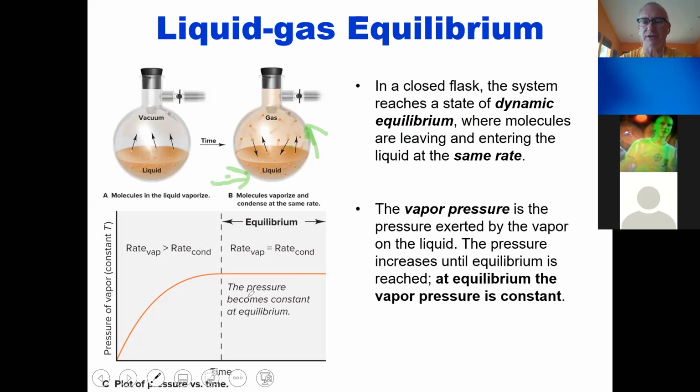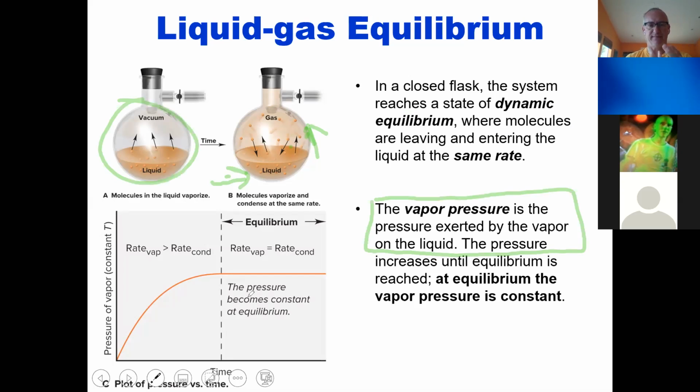And so the vapor pressure, as we talked about with the gas laws, is the pressure exerted by the vapor on the liquid itself. So the pressure increases until equilibrium is reached. If I pour cold liquid into a container like this, there will be very little gas, right?